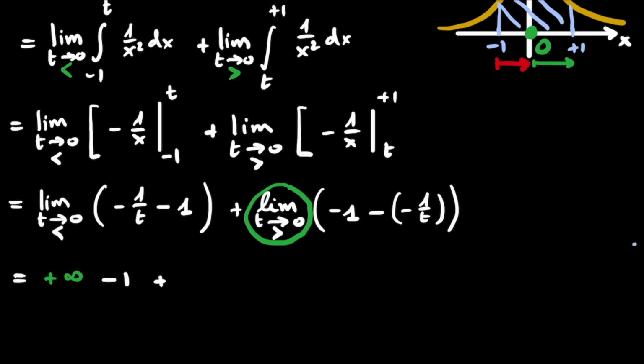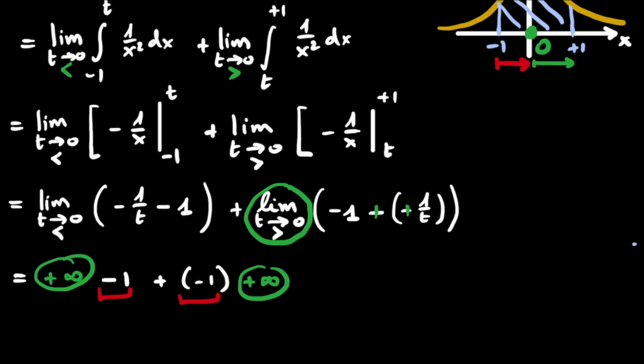And if we take into account that these two minus signs cancel each other to become a plus sign, then we see that this 1 over t, where t becomes a very small positive number, simply becomes plus infinity. So again, we do not forget this minus sign right here. So we get plus -1, and then the limit plus infinity. Now this -1 and -1 don't really count because we see that we simply have plus infinity, which of course becomes plus infinity.